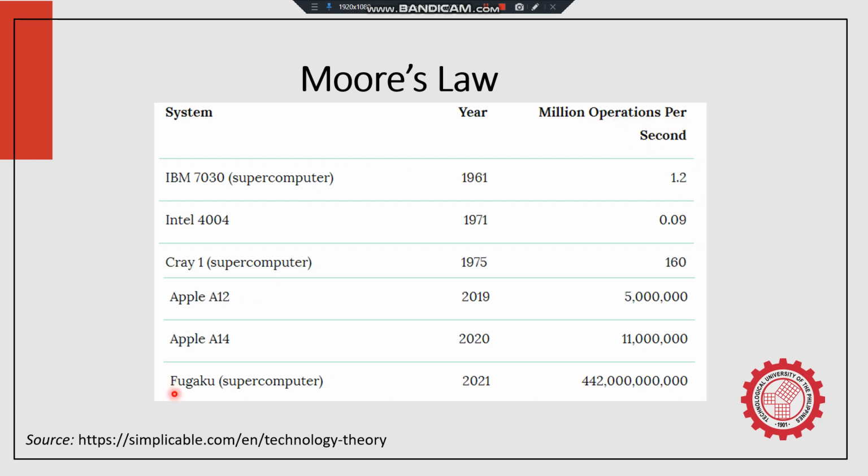And now the Fugaku supercomputer in 2021. What is this? 1, 2, 3. Tera. This is, I think, 442 tera. Am I correct? No, this 6 is million. The 9 is giga. And then this is tera. Hopefully I'm correct.